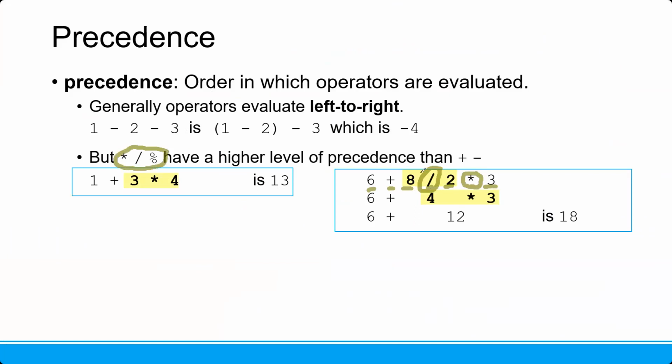The addition we skip for later. 8 divided by 2 is 4. Then the next is multiply: 4 multiplied by 3 is 12. And finally, we do the addition with 6. So the result is 18.